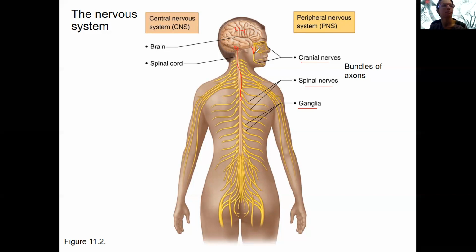It's different things. So a lot of the peripheral nervous system is nerves, these cranial nerves that come from the brain, and these spinal nerves, and oftentimes there's a cell body in the central nervous system associated with these nerves. The exception to that is the ganglia.